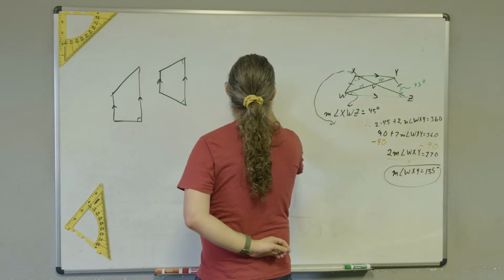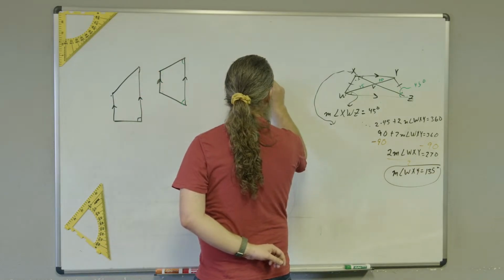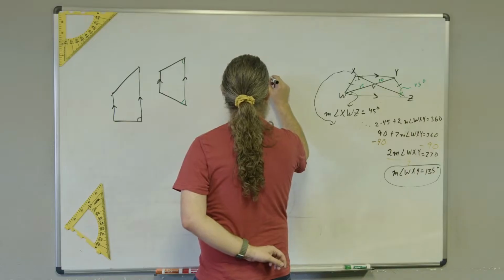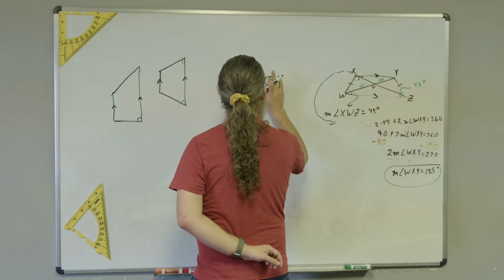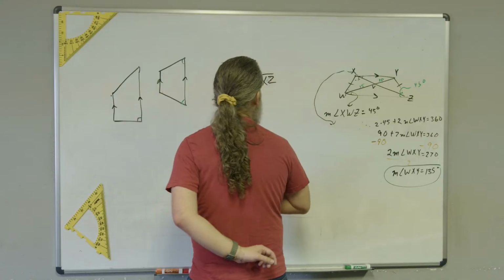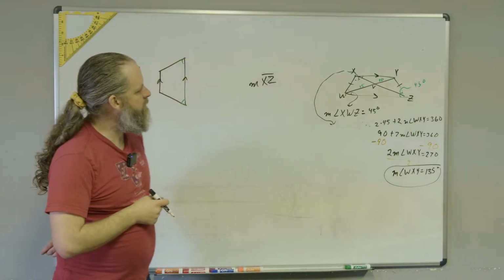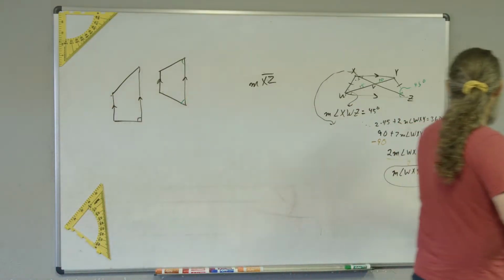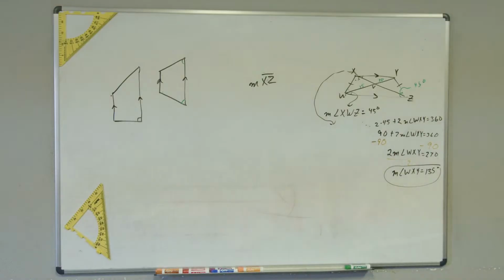The measure of XZ. Okay, so that's a diagonal of an isosceles trapezoid.